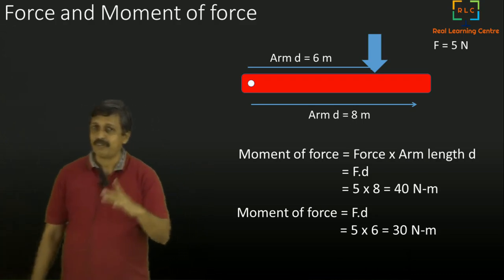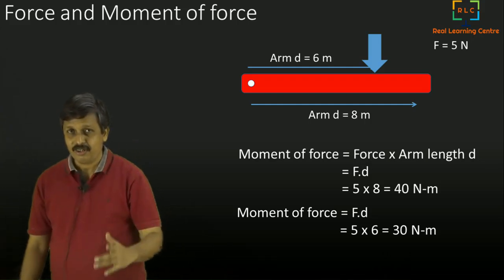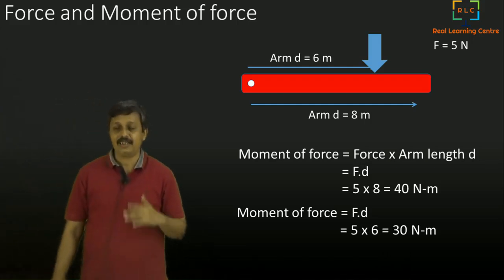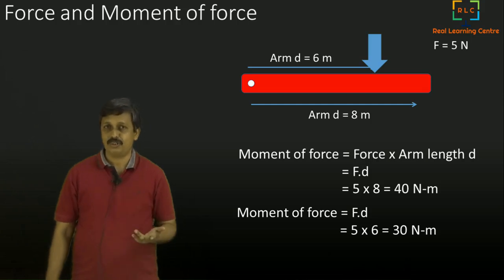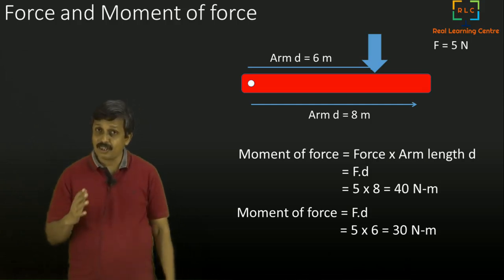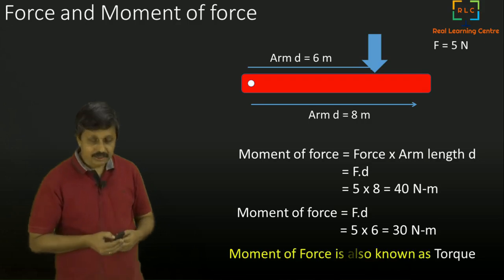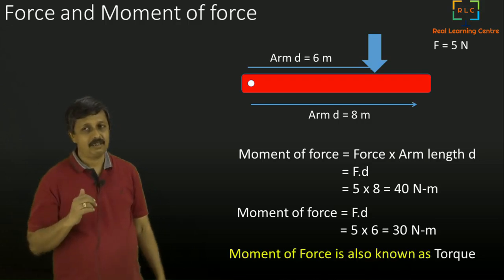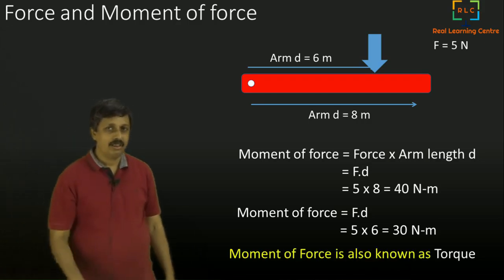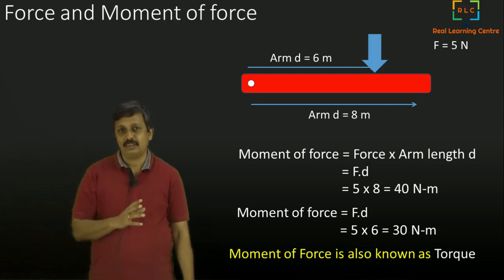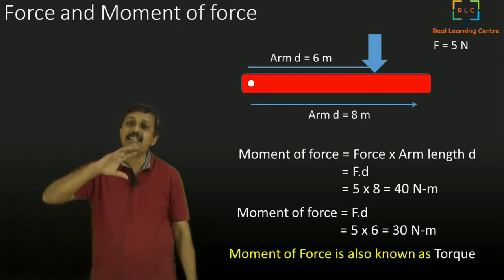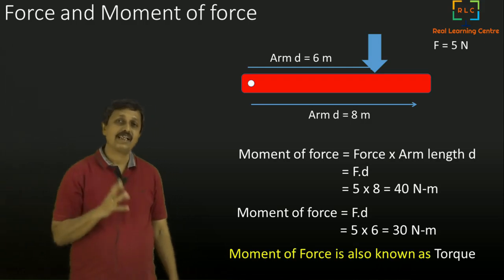It has reduced. You did not reduce the force, you reduced the arm length, and hence the moment of the force reduced. Moment of the force is what we call the torque, and the torque reduced. So when torque is reduced, its ability to rotate has also reduced.